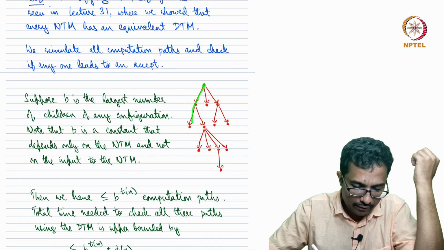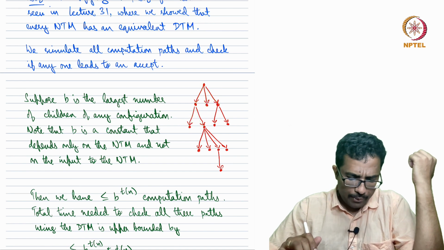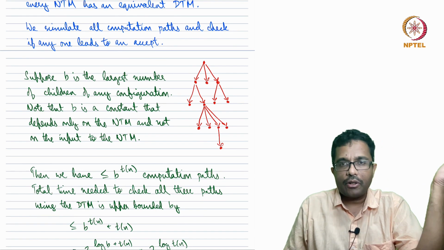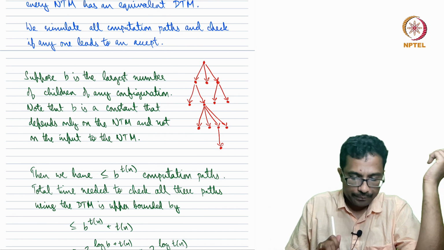We simulate everything to one level, then the second level, and so on. That particular detail is not very critical here, because these are all deciders. But let's see the time complexity of this process.